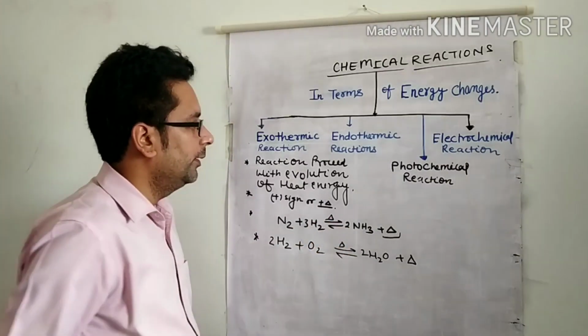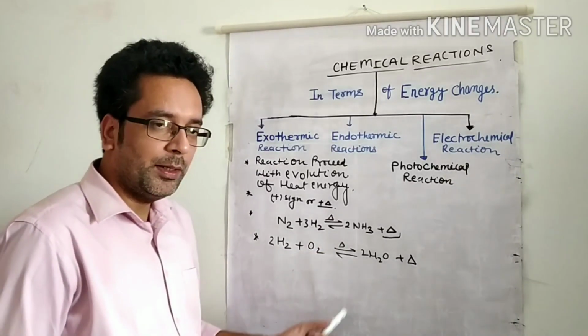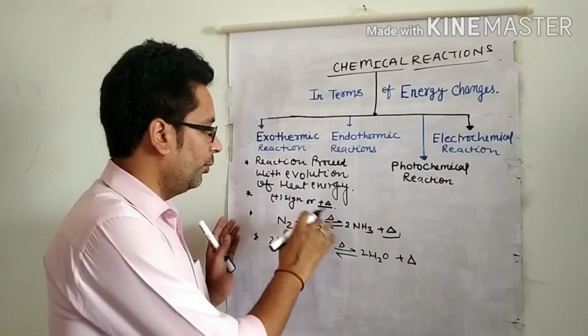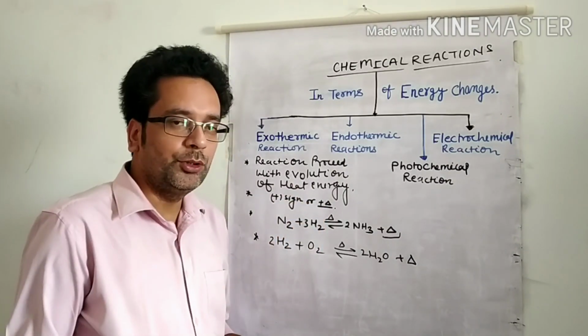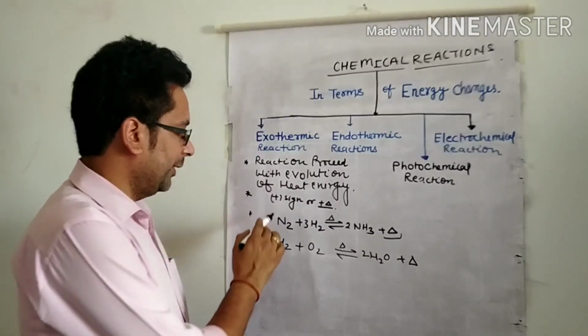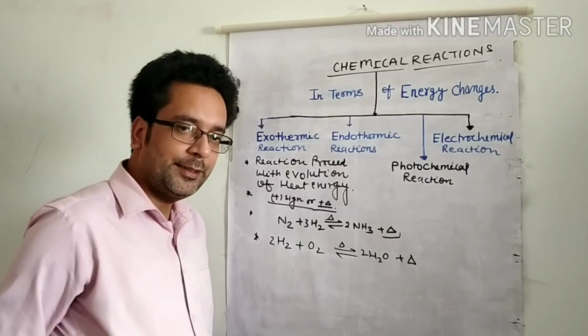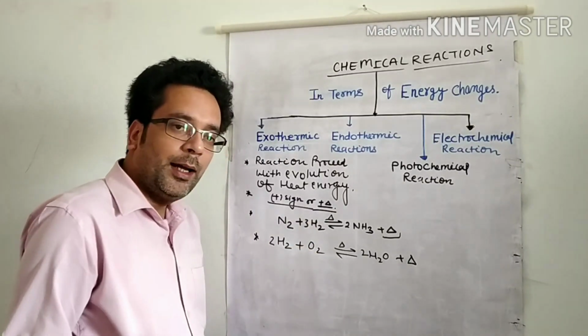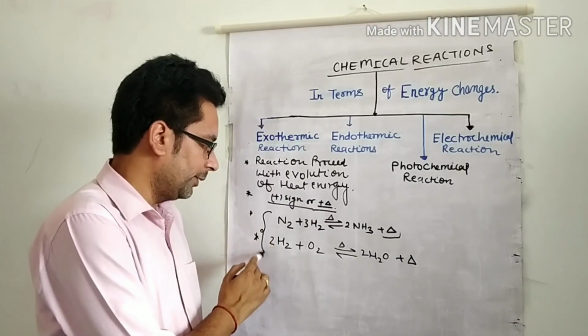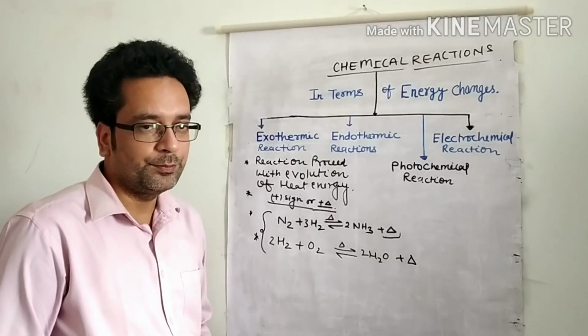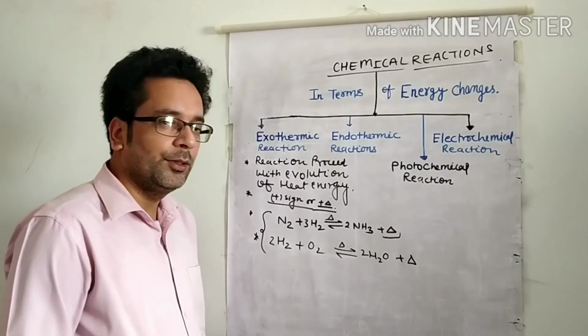These are examples of exothermic reaction. Overall, what is an exothermic reaction? The reaction proceeds with evolution of heat energy. It is represented by a plus sign or plus delta, which represents that energy is released in the reaction. This is the first type, exothermic.